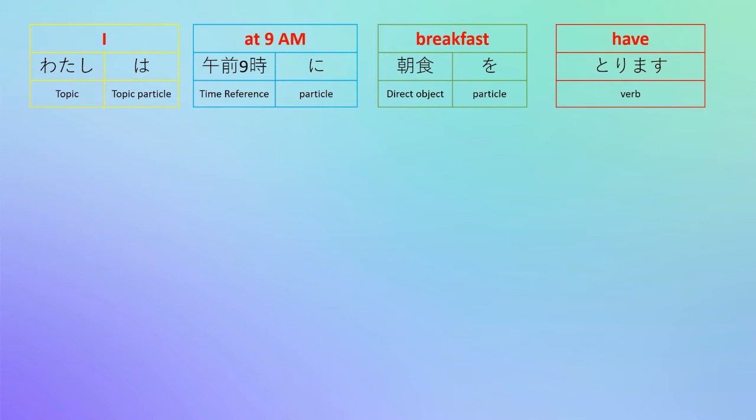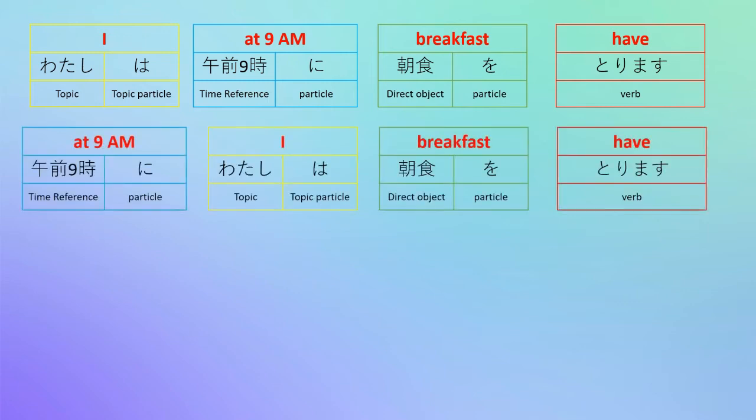Here, we can rearrange these words. Given the fact that the verb must always be at the end of the sentence, we put the time reference at the beginning of the sentence. So, gozen kuji ni, time reference first, and then the topic, watashi wa, then the direct object, chushoku o. So here, we can jumble it.